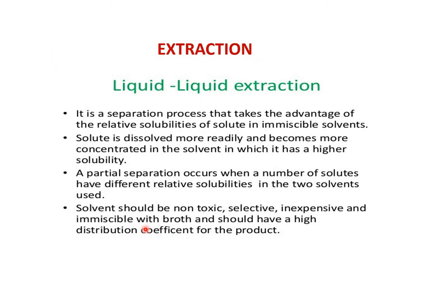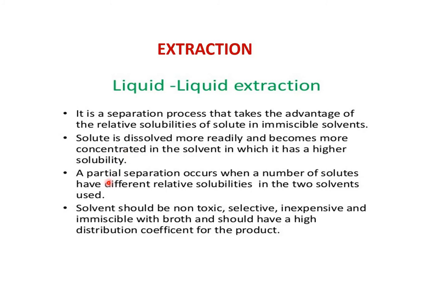Now talking about extraction. After the harvesting of the cells, the extraction step is followed. Here I am going to talk about liquid extraction. Liquid extraction is a separation process which takes advantage of the relative solubilities of solute in immiscible solvents, and the solute is dissolved more readily and becomes more concentrated in the solvent in which it has a higher solubility.